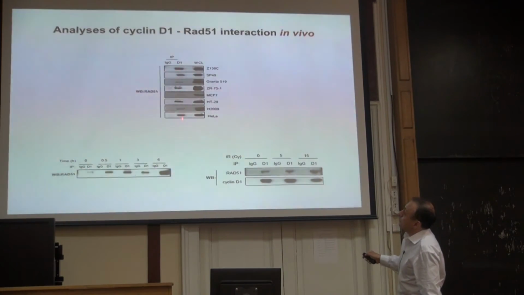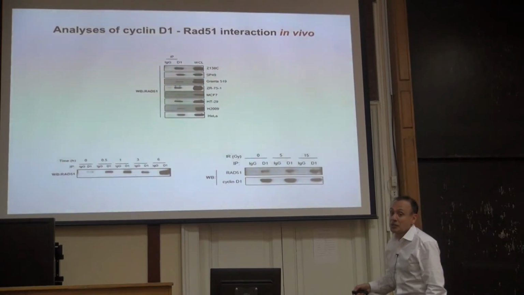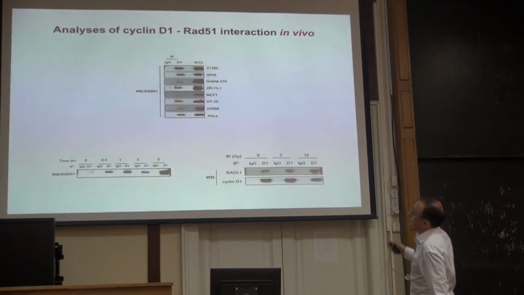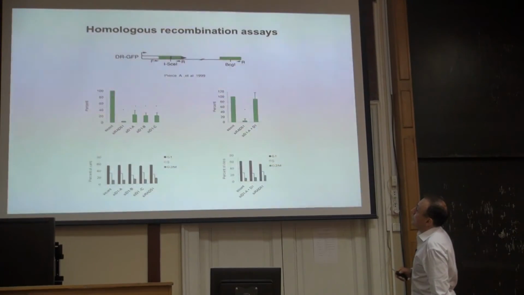Here we expose the blot for a short time, because what I want to show you is that with time, after 6 hours, this interaction becomes stronger. So this is interaction induced by irradiation, and this is at one time point, but at different levels of radiation. No irradiation, weak interaction, 5 grays, stronger, 15 strongest. So this is proportional. This interaction is induced by irradiation, and it occurs with time.